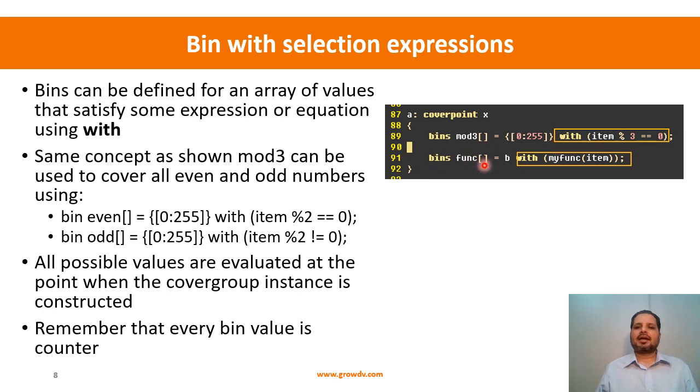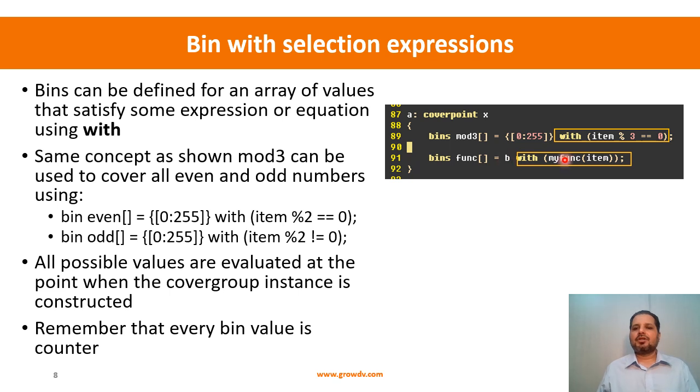Okay, and the second use case is that you can actually use functions and pass the value, and if it satisfies the function, then you can use those values. If it doesn't satisfy, you leave it. So here in this case, B would already be an array. This has to be an array because width is an iterator, so it needs an array of values through which it can go and apply the expression and then return only the values that satisfy the expression.